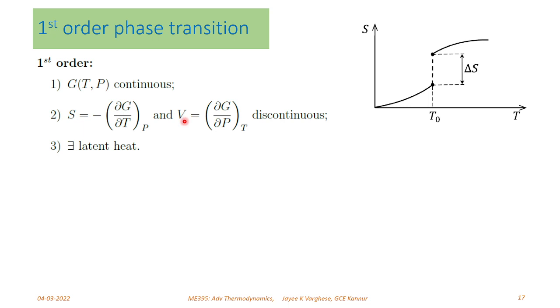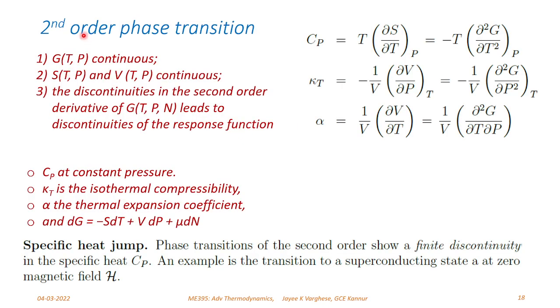Similarly, the volume which is given by dou G by dou P at a constant temperature will also be continuous for the second order phase transitions. The first derivative of the Gibbs function will be continuous for the second order phase transition. It is only the second order derivatives which are going to be discontinuous.